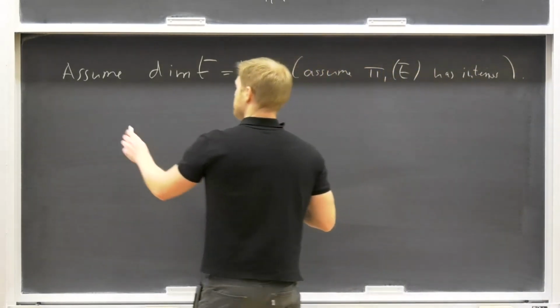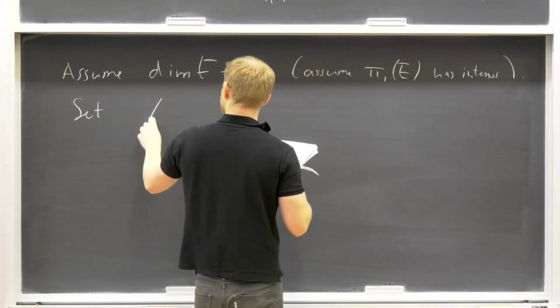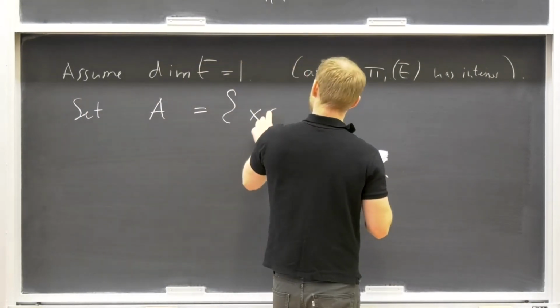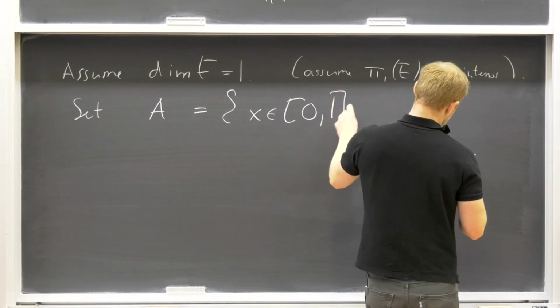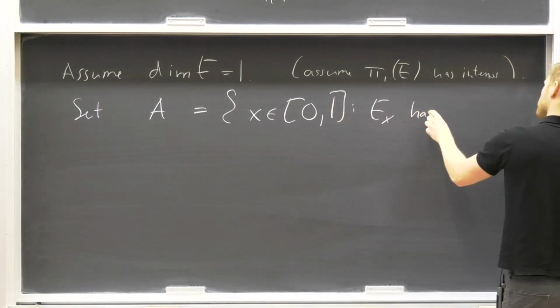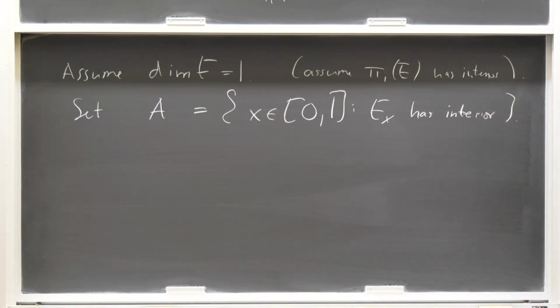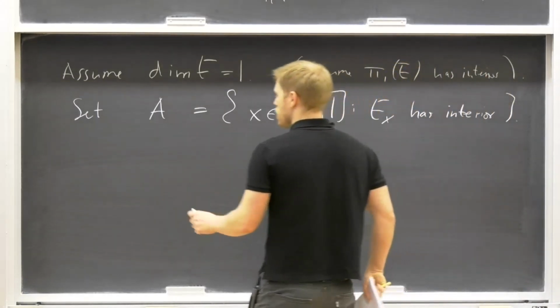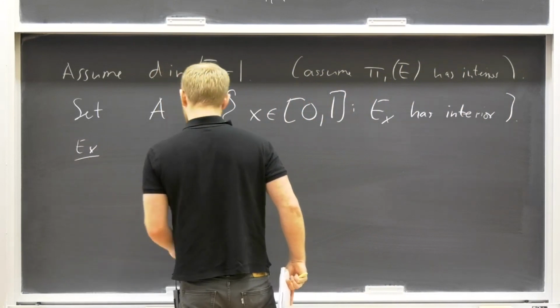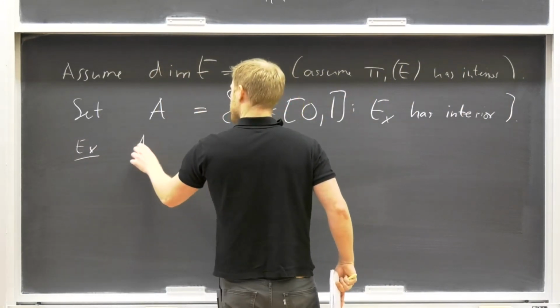So now set x to be in 0, 1, and suppose that for those x, the fiber, so if you look at the picture up there, the fiber up, that best picks up interior. So you can show, and this is at least an exercise, I don't want to do this, I don't think I said this at the time, A is the sigma.